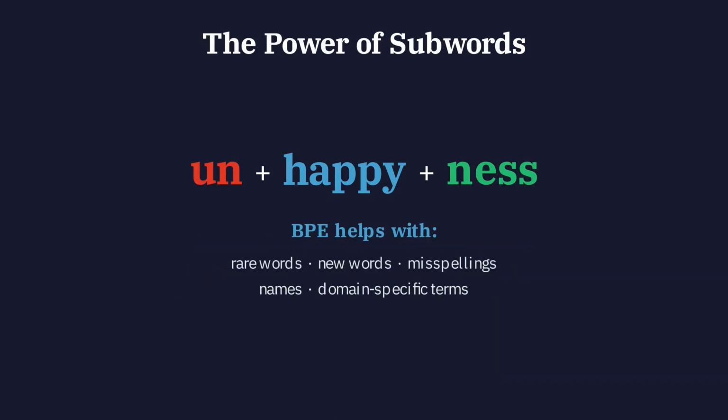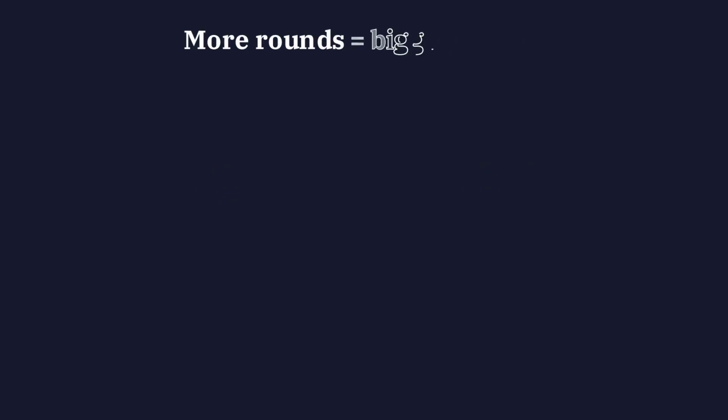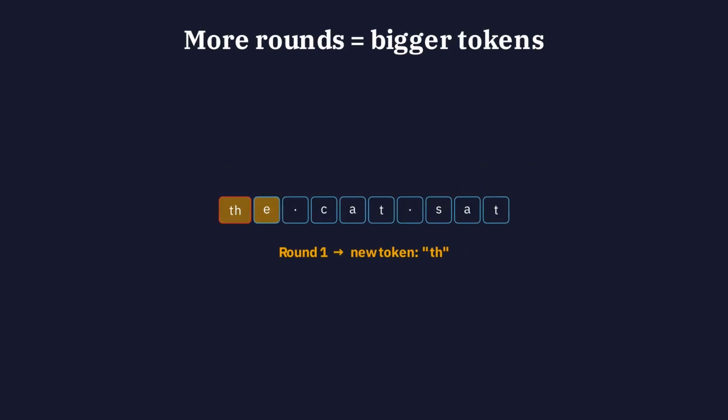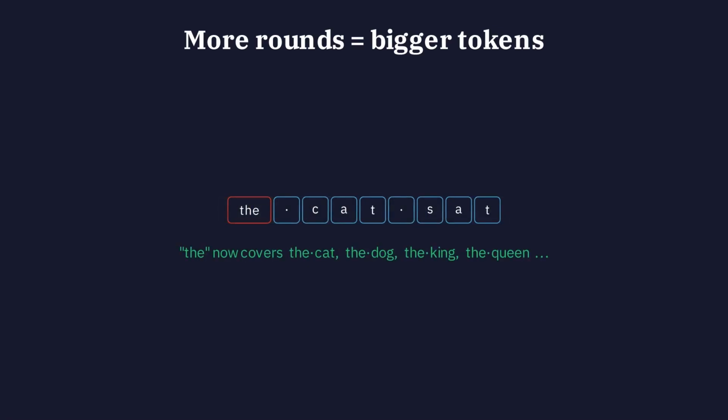This is why byte pair encoding helps with rare words, new words, misspellings, names, and domain specific terms. This subword idea was a major reason byte pair encoding style segmentation became influential in natural language processing. As we run more rounds, the tokenizer keeps absorbing frequent patterns into bigger tokens.